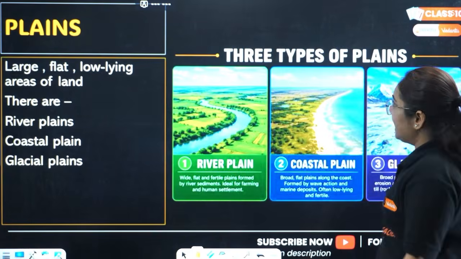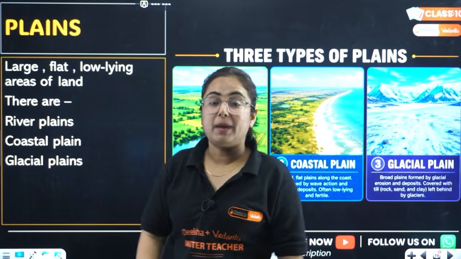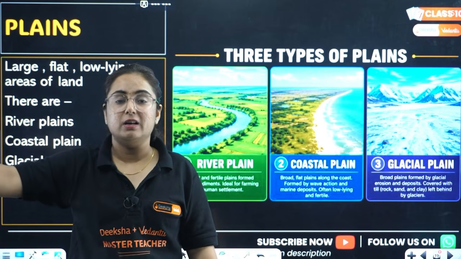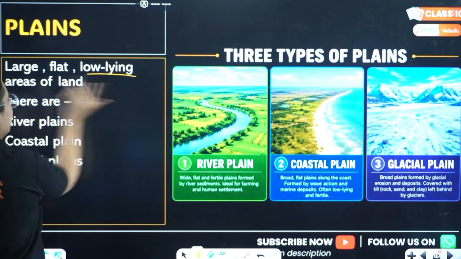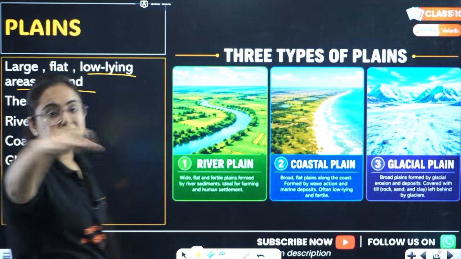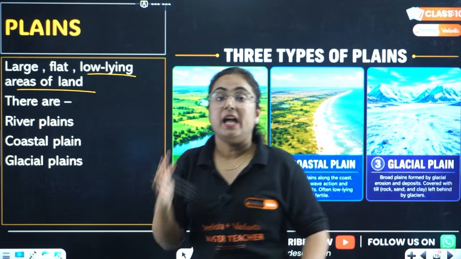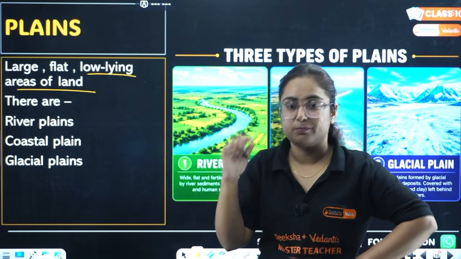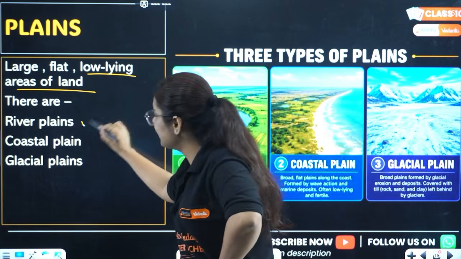Great. Now the next one is plain area. A plain is a flat tabletop, a flat-topped, low-lying area. It is not as high as a plateau. It is not above the Earth's surface. It is a flat area. Plains are formed out of three things. What are those three things? River plains.